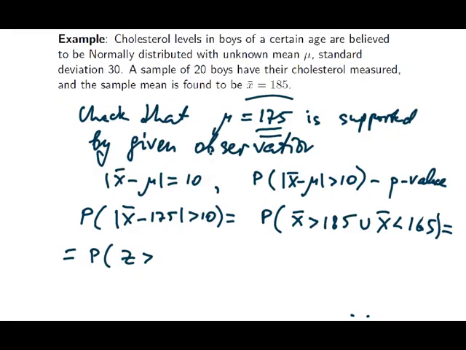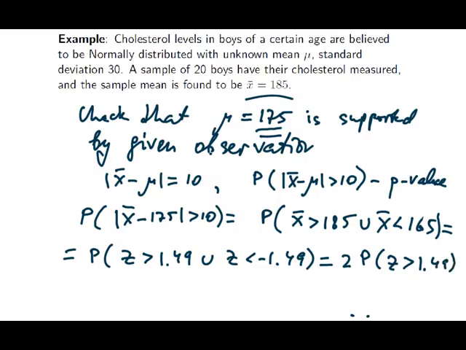I will not show these calculations, I will just give results. So the value in terms of z corresponding to 185 is 1.49 and the value corresponding to 165 is minus 1.49. And this equals 2 times the probability that z is more than 1.49, because this probability equals the probability of these two events.